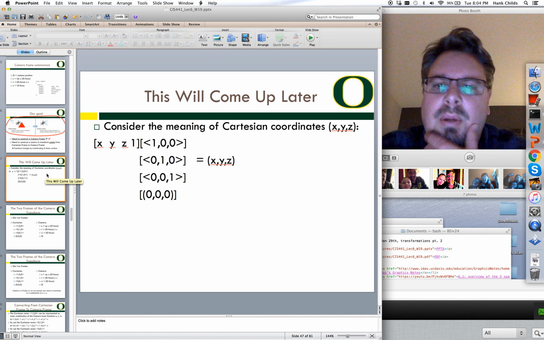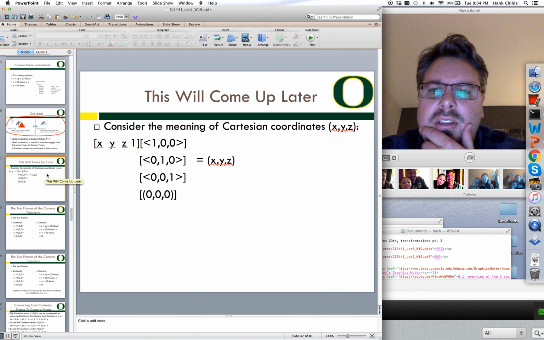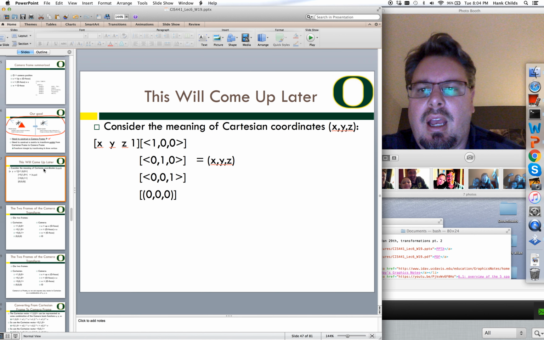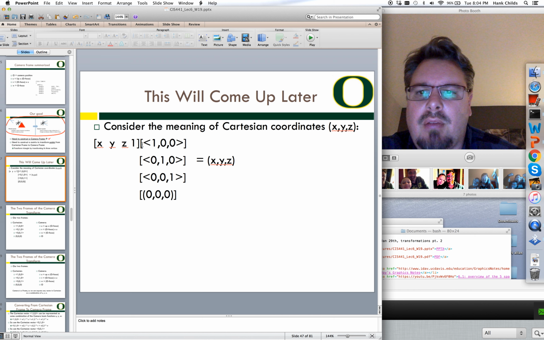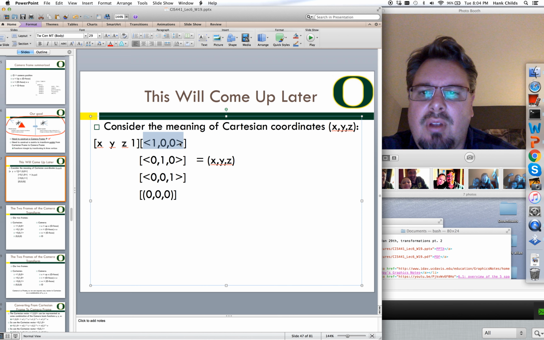So this is going to come up later, and just in terms of what this means. This is another way of thinking about coordinates in their Cartesian frame, typical world space coordinates. In the Cartesian frame, you have 3 basis vectors: the unit vector in x, the unit vector in y, and the unit vector in z, and then everything is relative to some origin.